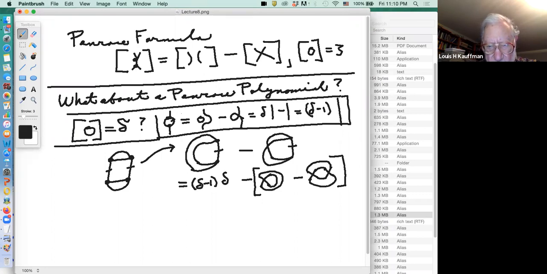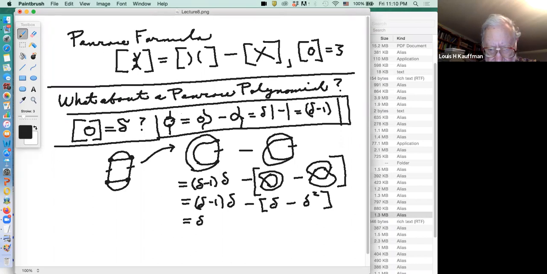And so according to that, I get delta minus 1 delta minus delta squared, which is delta times 1 minus delta.